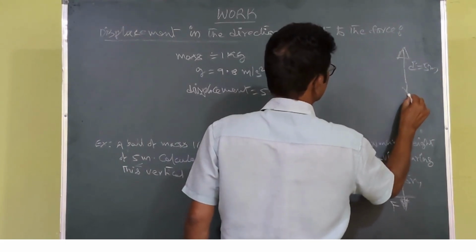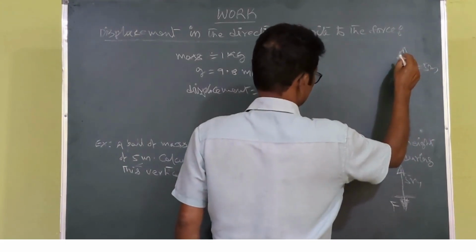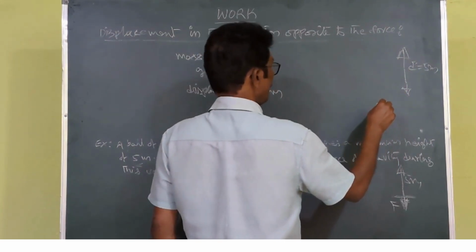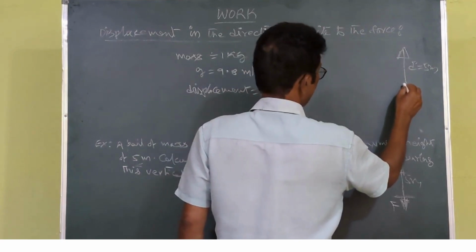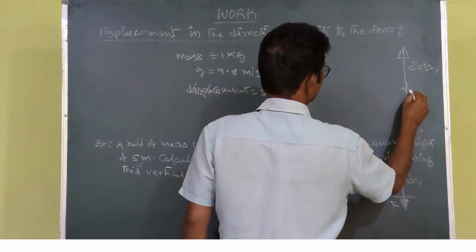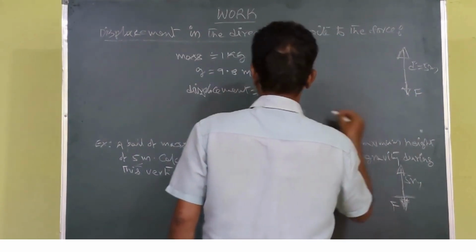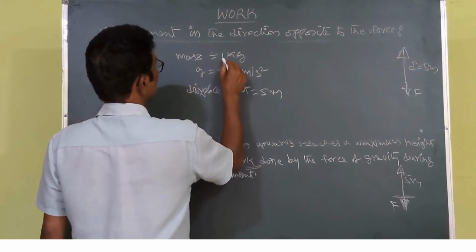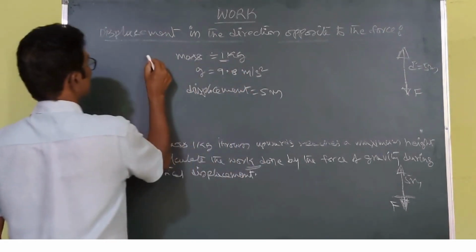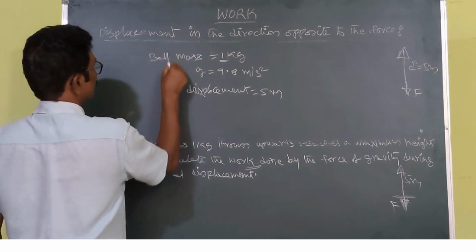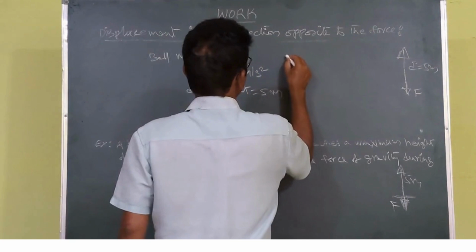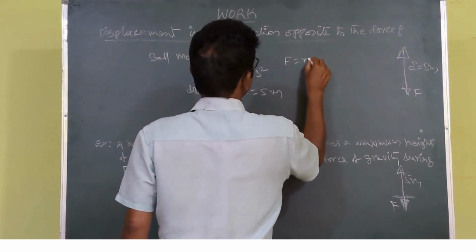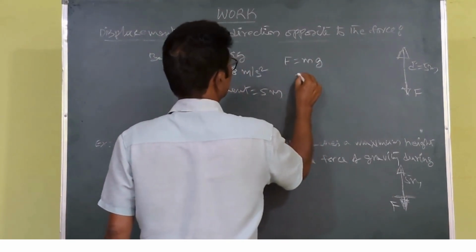The gravitational force that we have to calculate is acting in the downward direction. The gravitational force of the earth is pulling downward. We know the mass of the ball, so the force equals mass into acceleration due to gravity.